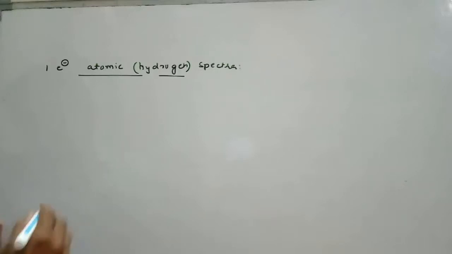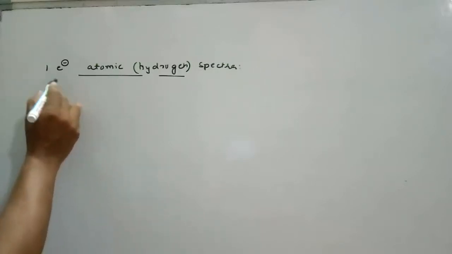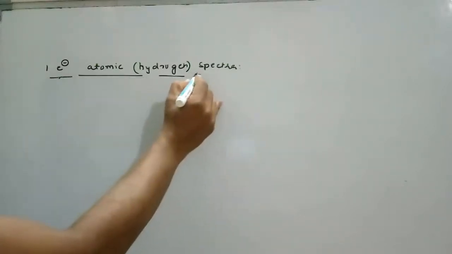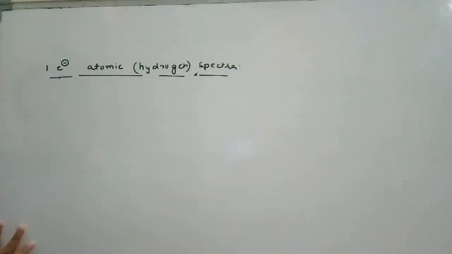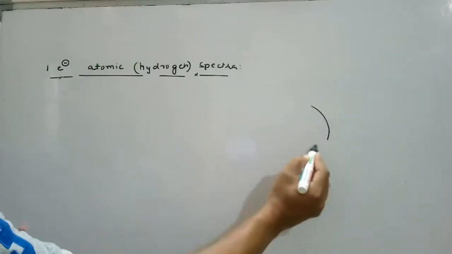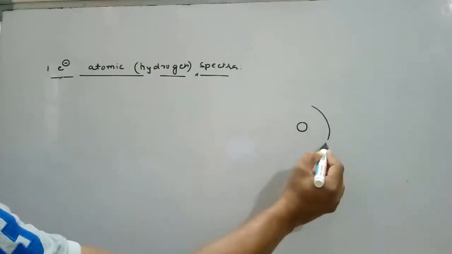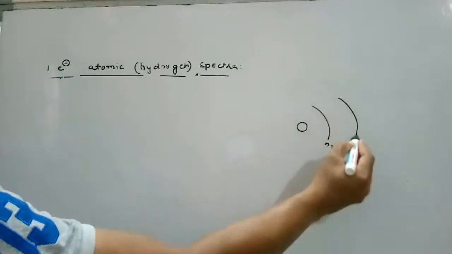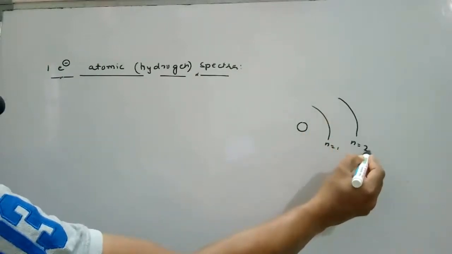See here, in this heading I want to discuss the wave number, the wave number when the electron jumps from one orbit to another orbit, one energy level to another energy level.